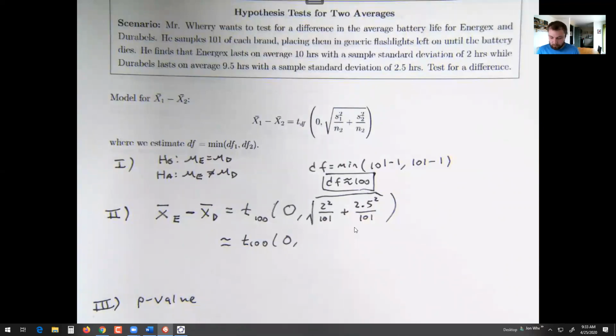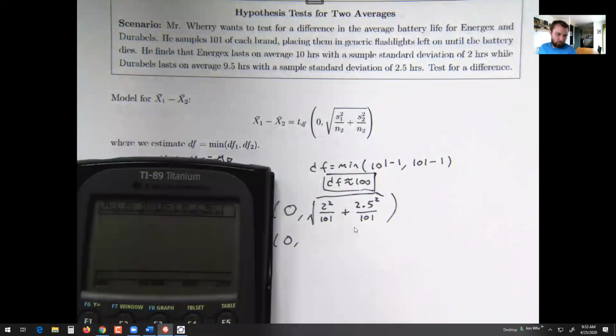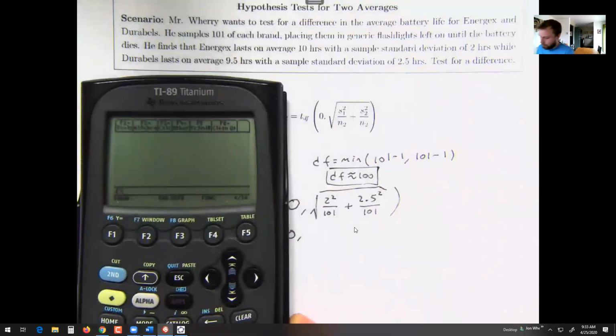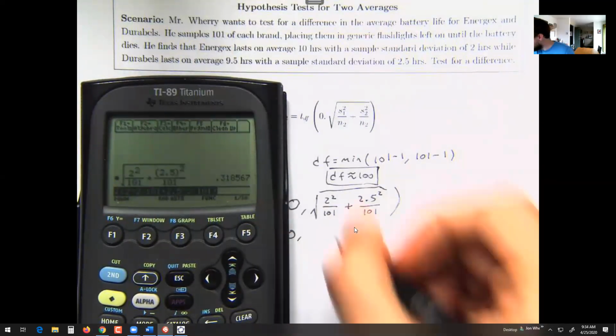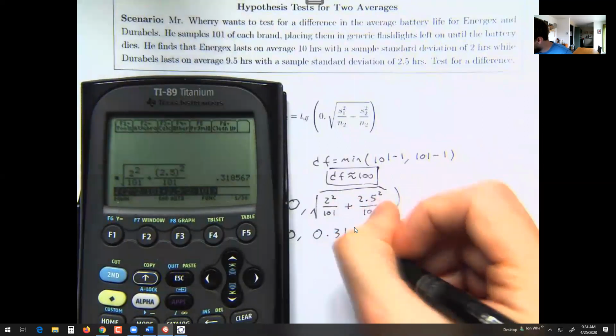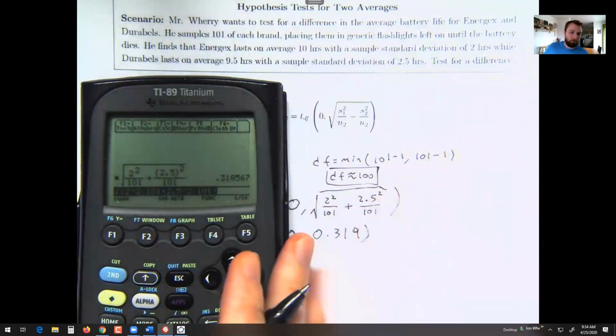If I type this into my calculator, I get the square root of 2 squared divided by 101 plus 2.5 squared over 101 gives me a standard deviation of 0.319 or so.